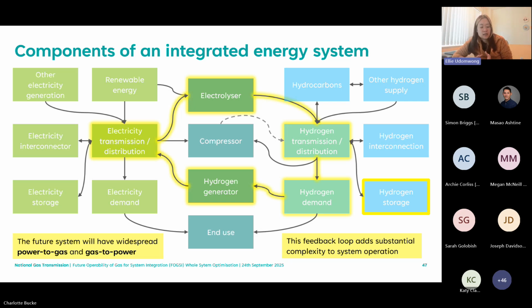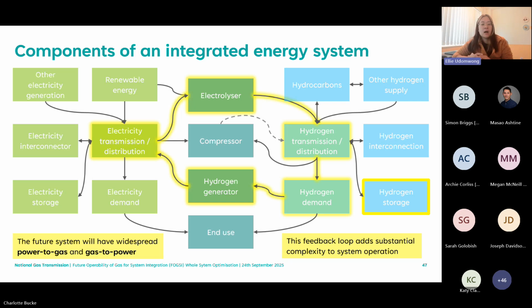A key feature that is really the novel bit of this project is that there is quite a lot of work already looking at power-to-gas, starting from curtailed electricity generation down to the electrolyzer and then transport to the hydrogen customer. But what we are going to be looking at is the other way around.